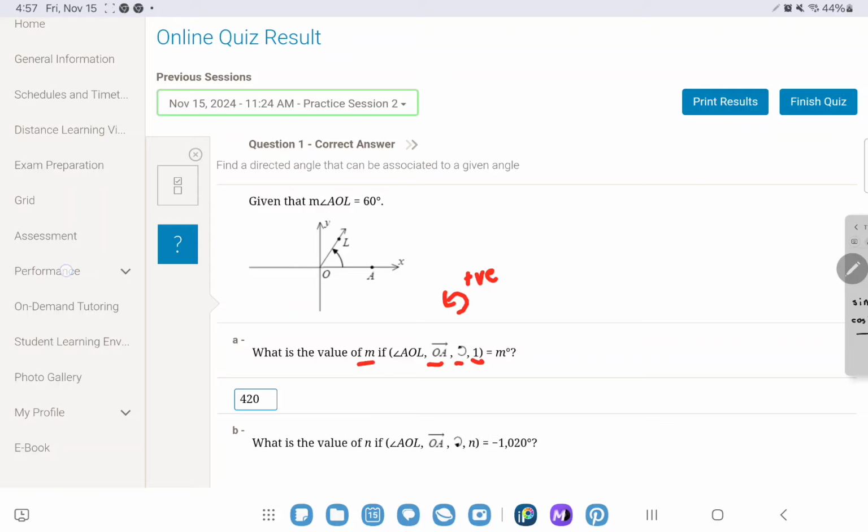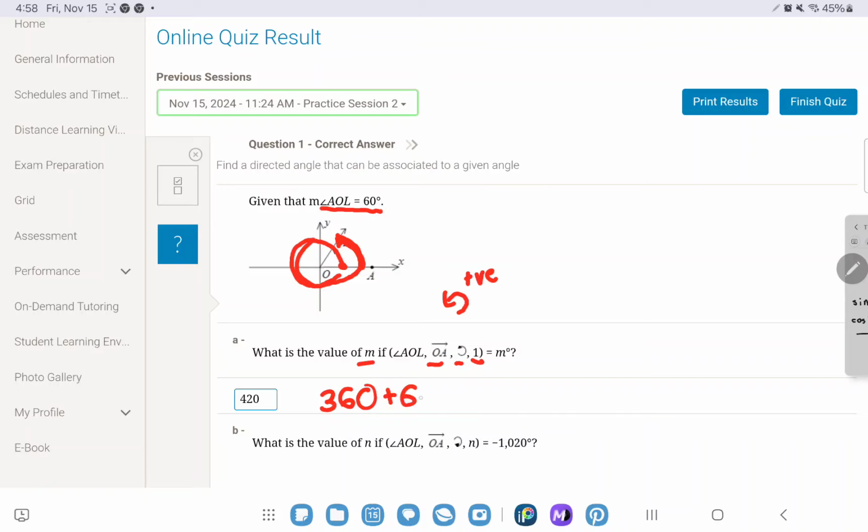It means that you start at OA, which means start here, and turn one whole turn, coming back to here. You see one whole turn, which is one whole circle, which is 360, and then you have this angle here, which is, as they told us, 60.